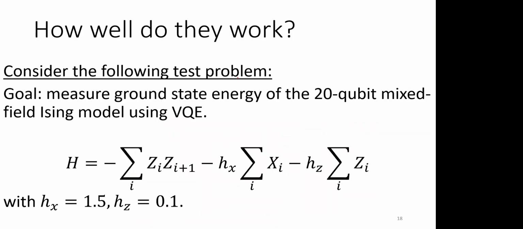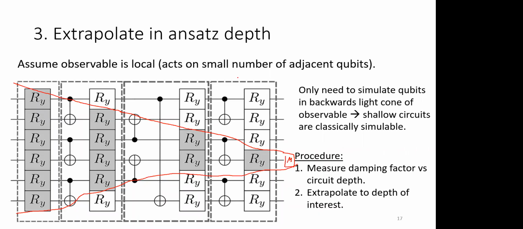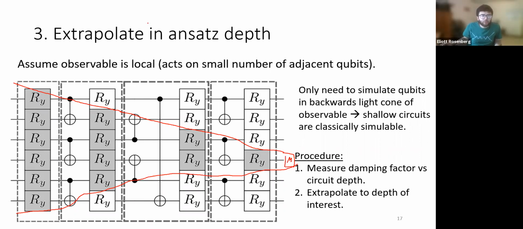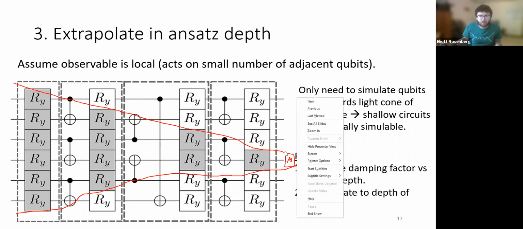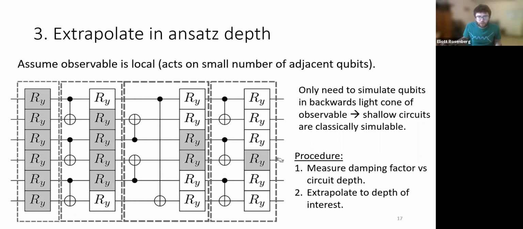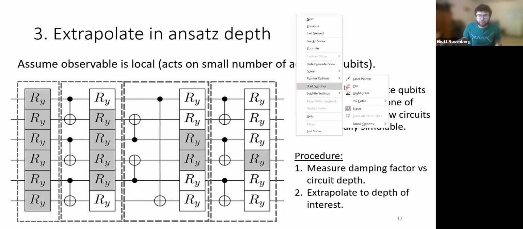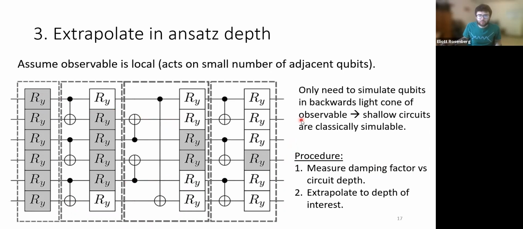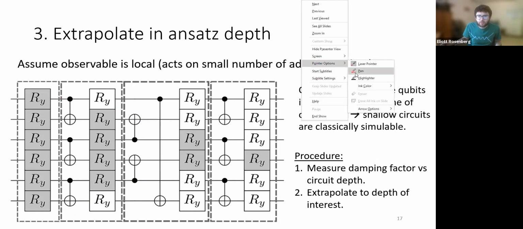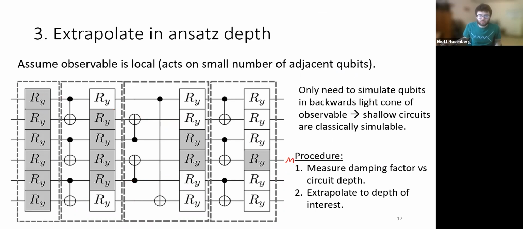Can I ask a quick question? Yeah. What's the slope of these lines that you've drawn? Oh, so let me slow down a little bit and erase this. All I'm doing when I drew those lines is saying, let's say we're measuring this qubit. We're starting here and we're going to go backwards. We want to know at each layer which qubits affect that measurement.